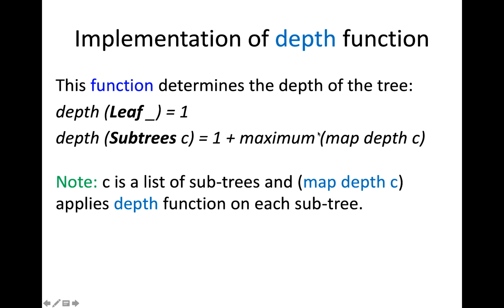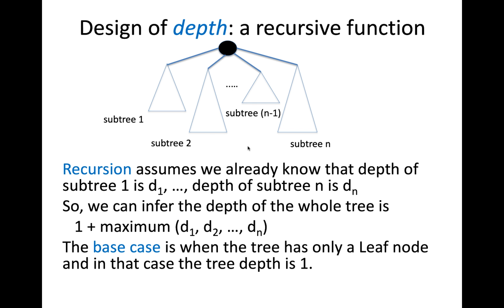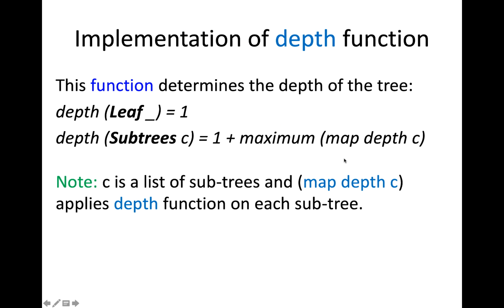That will give us the list of all depths like d1, d2, d3, as we have seen in the previous slide, right? That will be returned by this map depth C, and then we take the maximum of that and plus 1, and that should work, right? Okay.